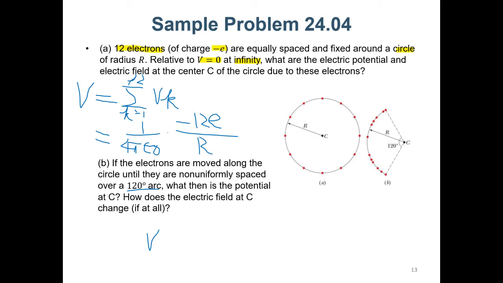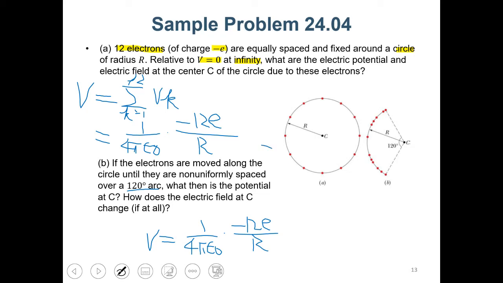So we still add all of them together and get the same result. So the electric potential doesn't change. They should be the same. But if you consider the electric field at this point and at this point, then they are different.